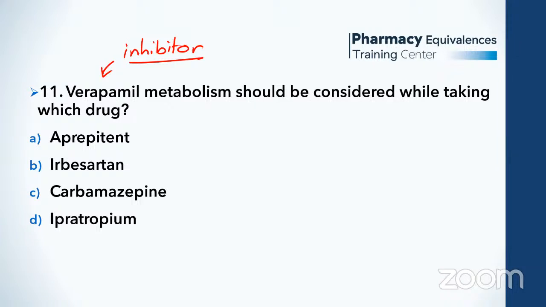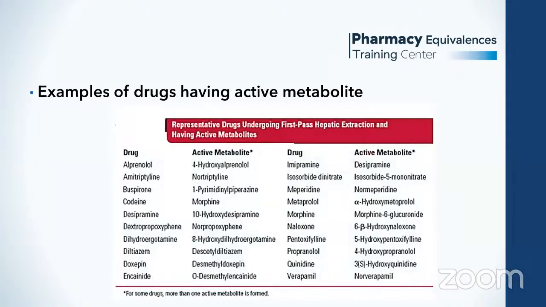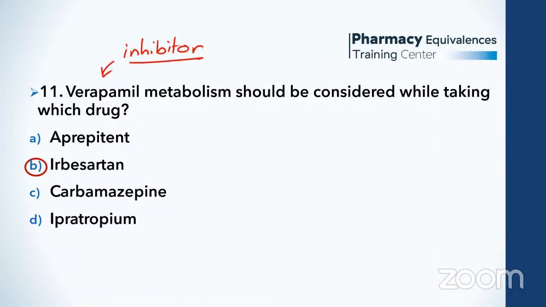Here, verapamil metabolism should be considered while taking which drug? Aprepitant, irbesartan, carbamazepine, or ipratropium? The answer here will be irbesartan. Okay, the verapamil metabolism should be considered while taking irbesartan.